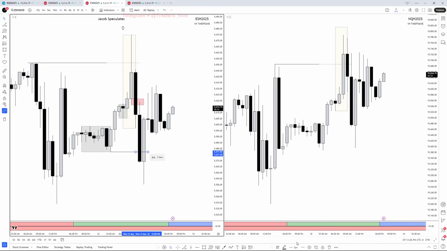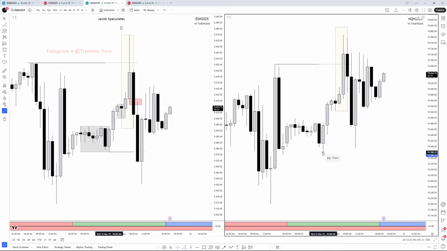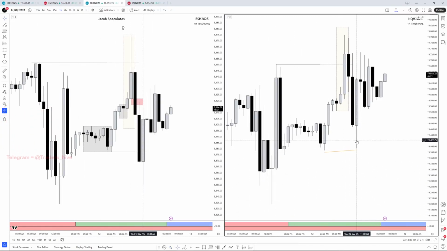The original consolidation lows. What does the NASDAQ create? SMT. Why did NASDAQ create the failure swing? Because it didn't have this.